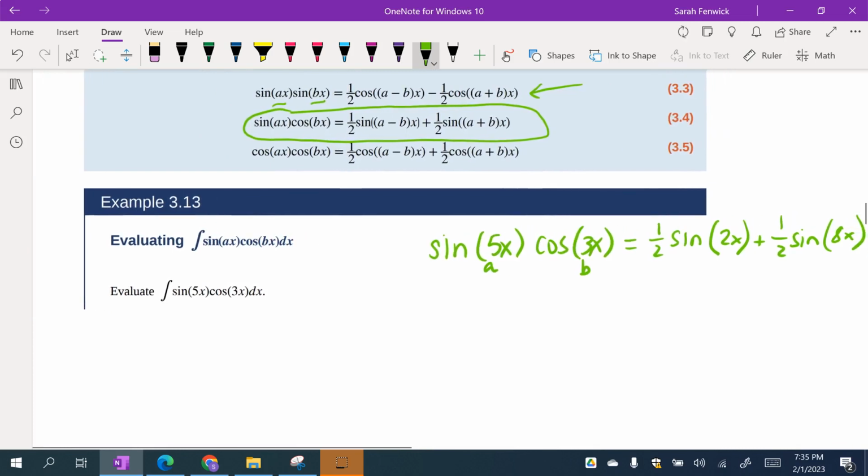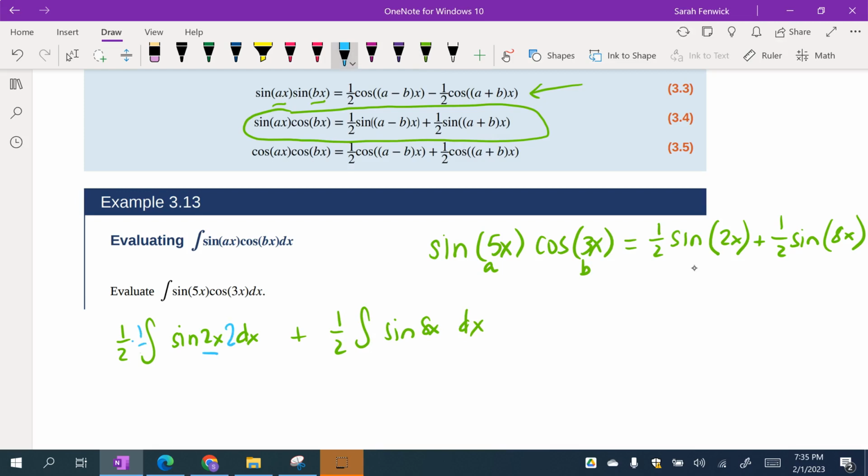Okay, integral. I'm going to put my 1/2 out front, sine 2x dx, plus 1/2 integral sine 8x dx. If we use u substitution, I'll have a 2 dx there and a 1/2. And over here, I'll have an 8 dx and a 1/8 out here.